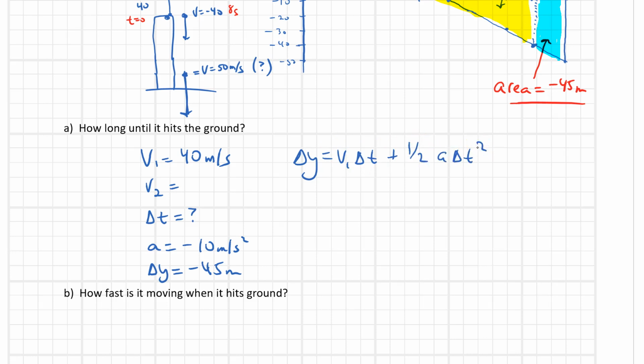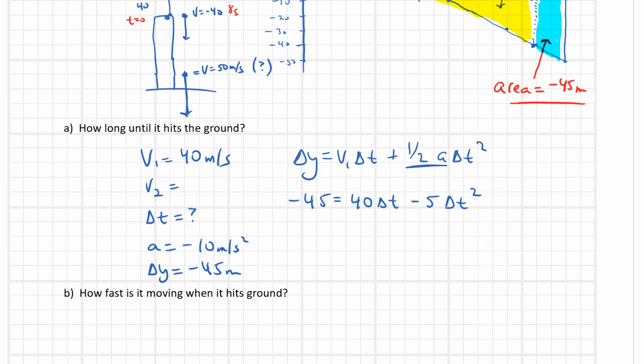So delta y is equal to negative 45 is equal to 40 times delta t plus half times negative 10. So I'll just say minus 5. Hope you're okay with that. Half of negative 10 is minus 5 delta t squared.